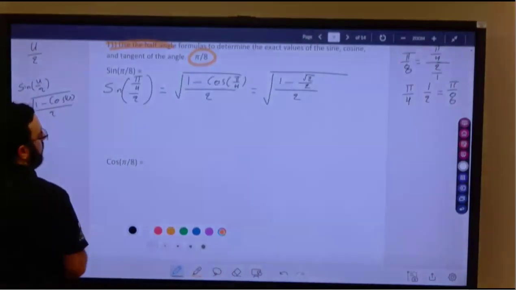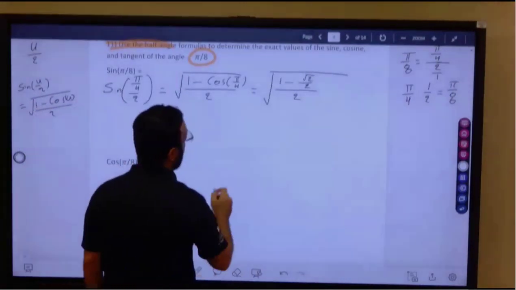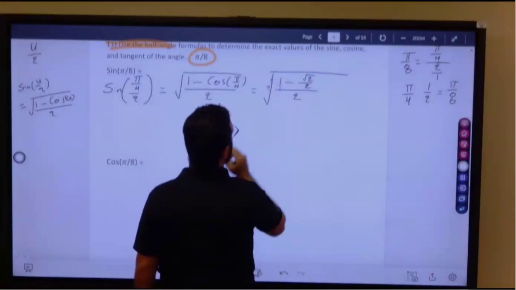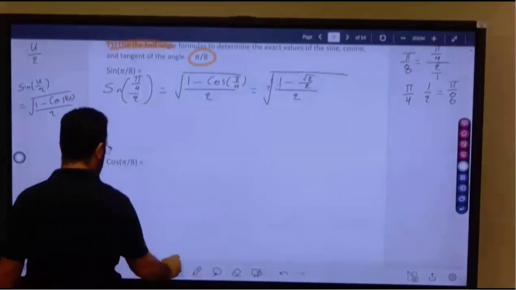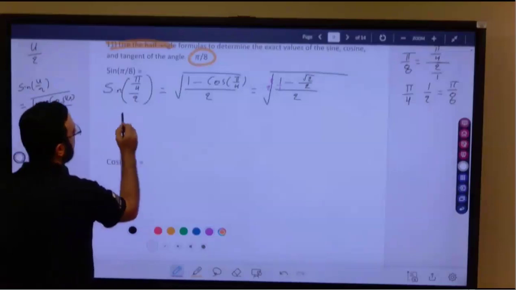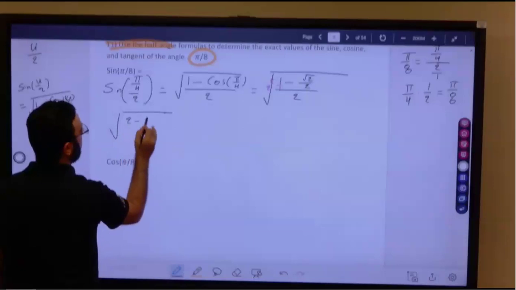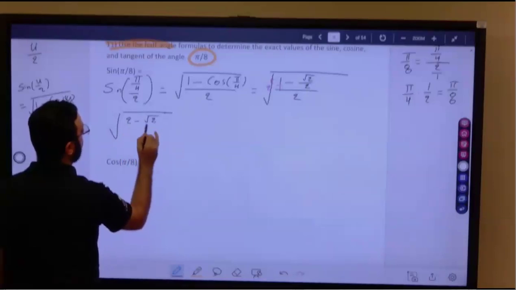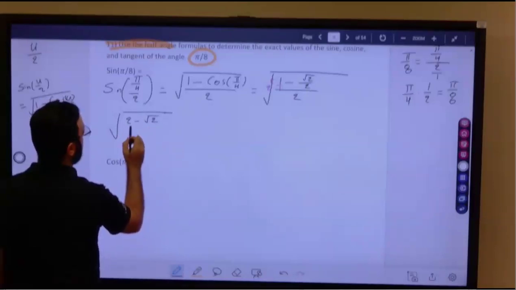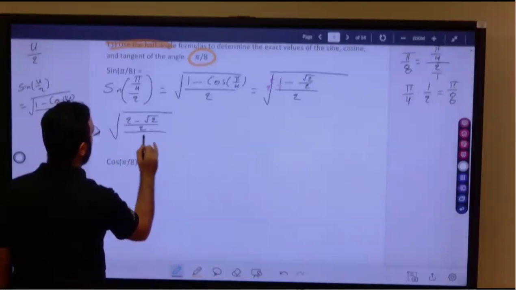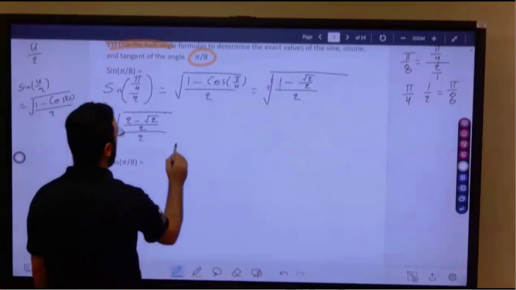How are we going to simplify this one? You can say, okay, this is over 1, and you're going to multiply by 2 to get the common denominator. So here's going to be square root of 2 minus square root of 2 over 2, and everything divided by 2, because it's the common denominator.